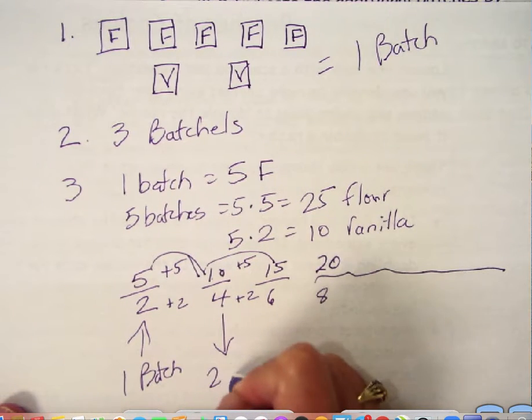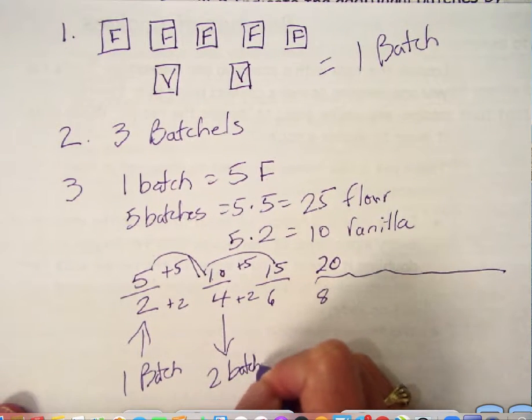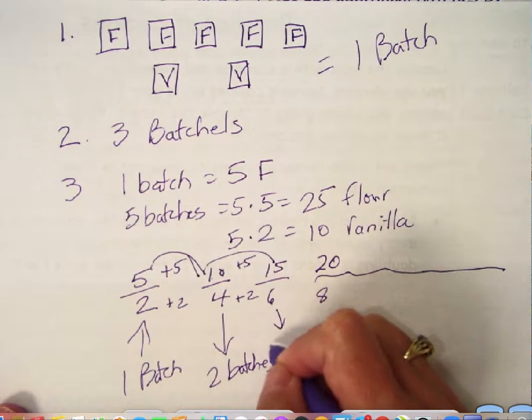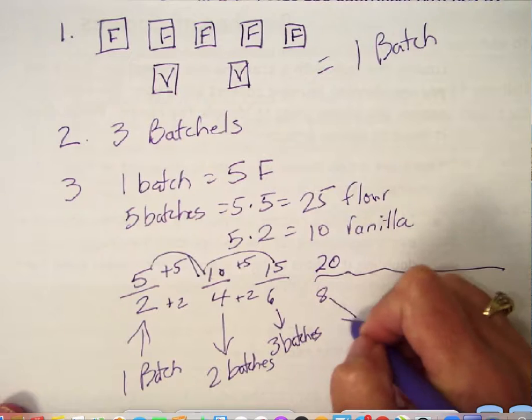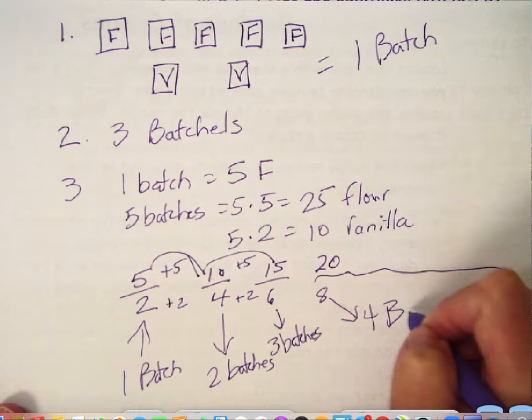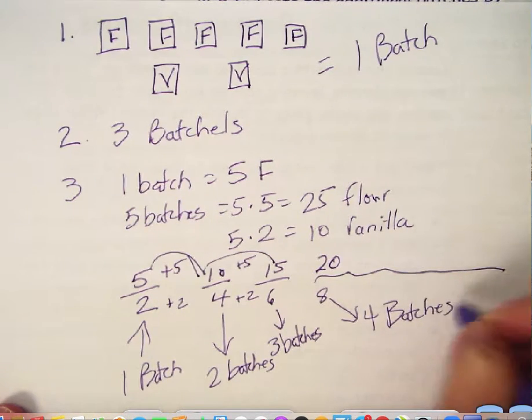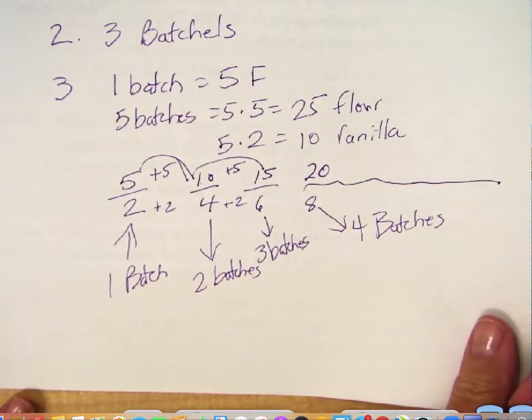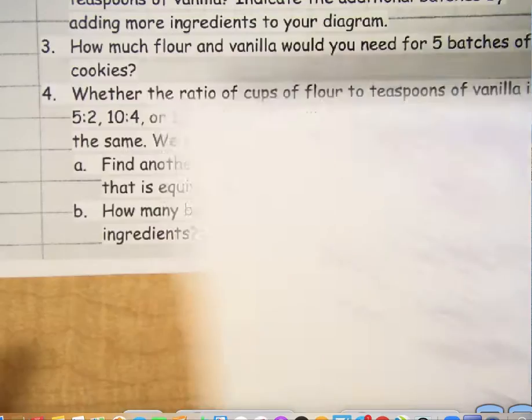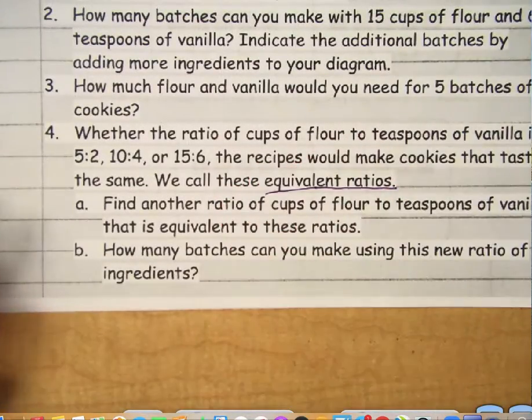This is going to be 2 batches. This is going to be 3 batches. And this one is going to be 4 batches. Okay? We're making 4 batches with that new recipe.